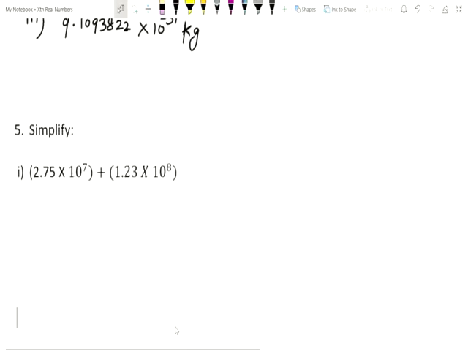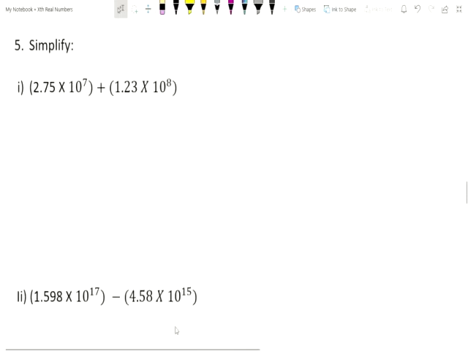Okay, children. See the next one. Simplify 2.75 into 10 power 7 plus 1.23 into 10 power 8. We are going to add these two. First you write it in decimal form. 2.75 into 10 power 7: how are we going to write it? 275.